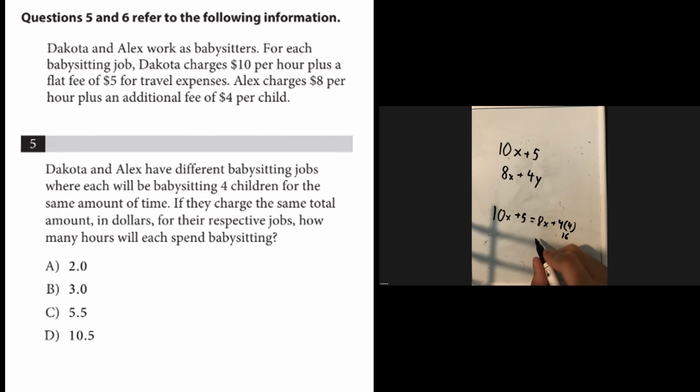And then we just subtract 8x from both sides, so you get 2x plus 5 equals 16. Subtract 5 from both sides, that gets us 11 equals 2x, divide both sides by 2, and we get x, the number of hours, equals 5.5, which would just be answer choice C.